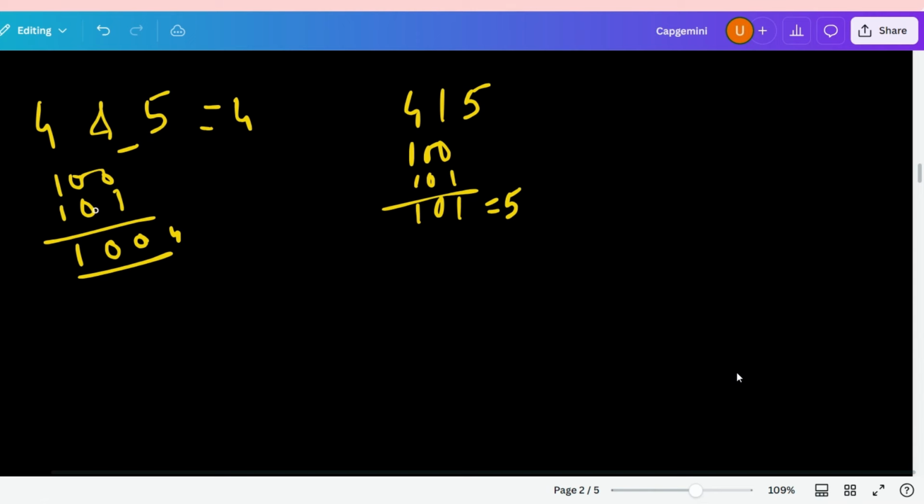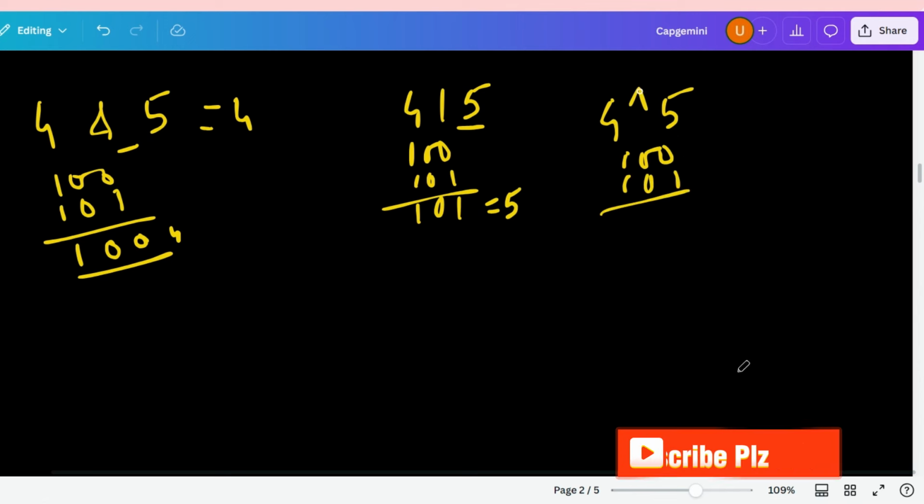As you can see, we have done one operation, that is 4 and 5. The answer is this, and for 4 or 5 the answer is this. Just remember this type of shortcut, it will be easier for quick solutions. Okay, for 4 XOR 5, 4 is equivalent to 100, and for 5 the equivalent is 101.